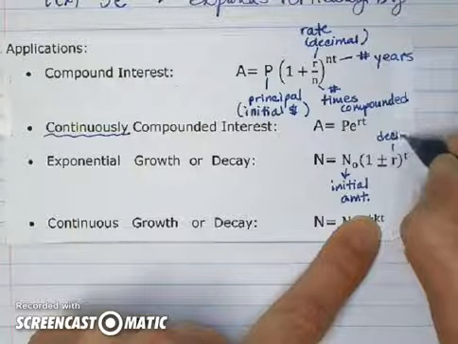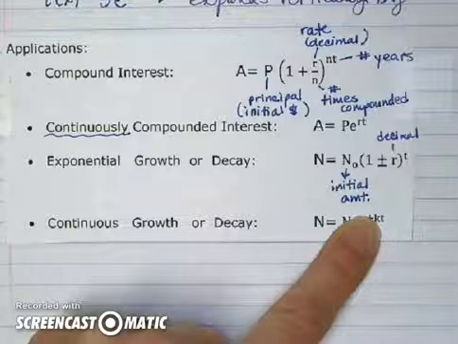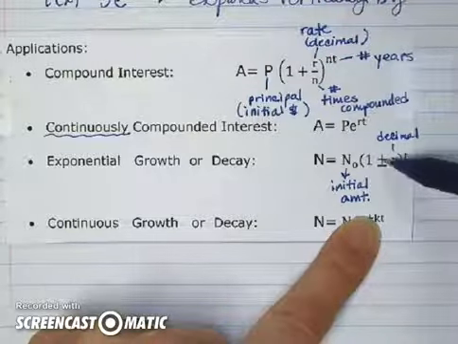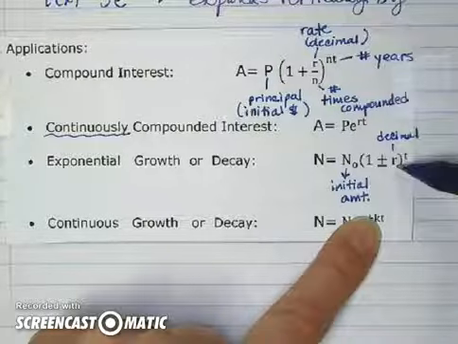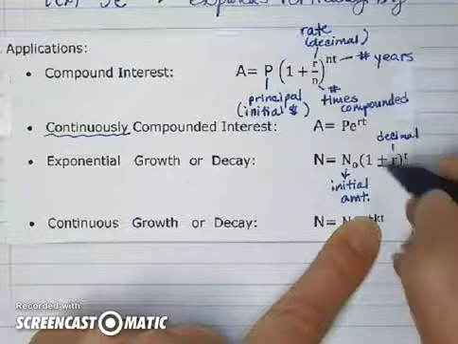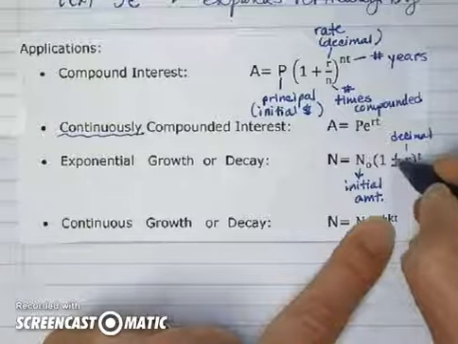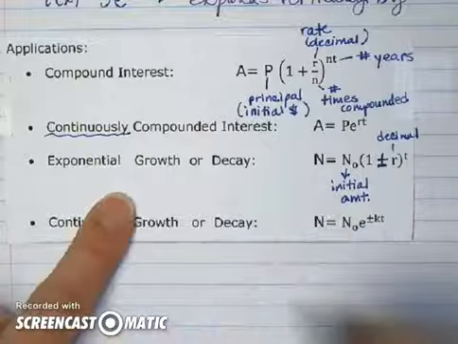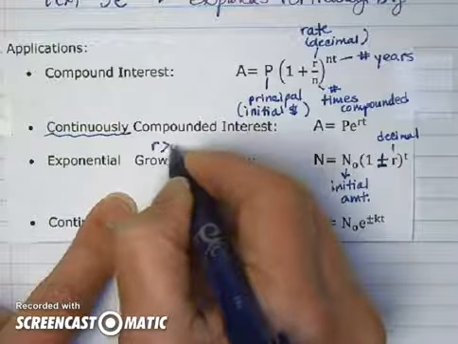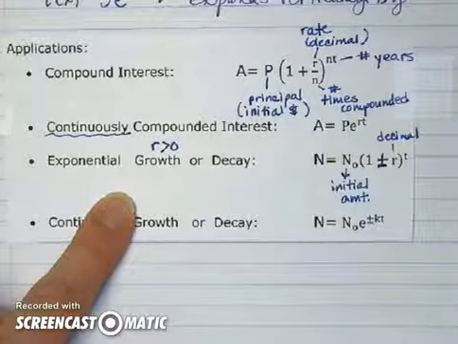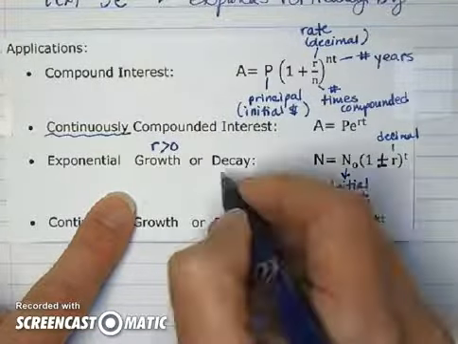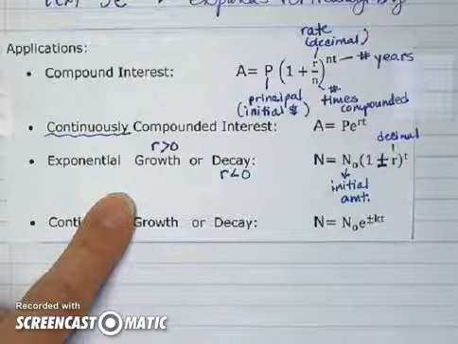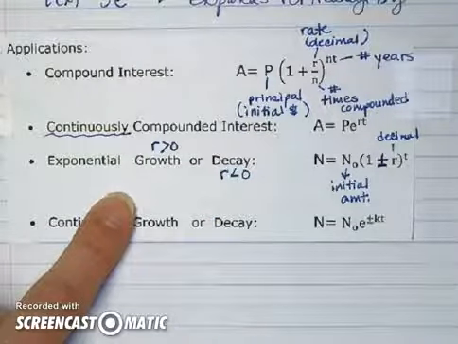They all are. You're always using the decimal, even in the PERT. And the time. Now, if you'll notice, this is plus or minus R. That's important because it depends upon the type of R you have. If you have an R that's greater than 0, then you have a growth equation. If you have an R that's less than 0, you have a decay equation. Bacteria that's growing or population that's declining.